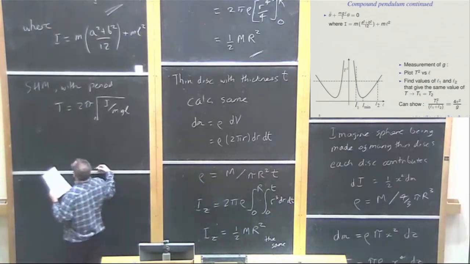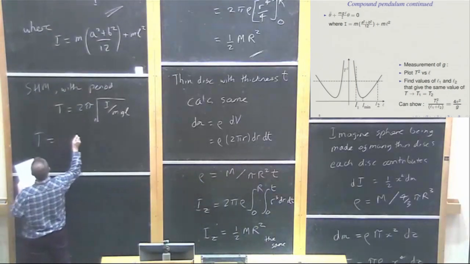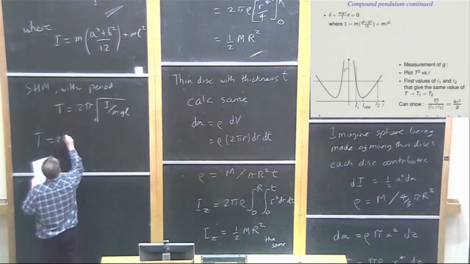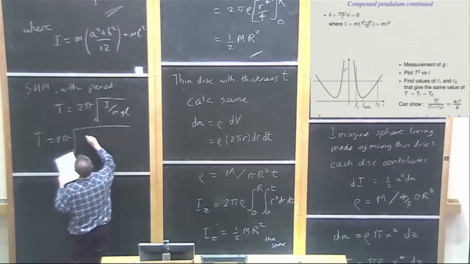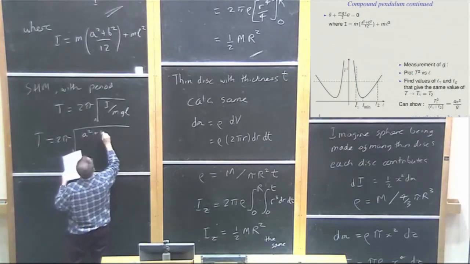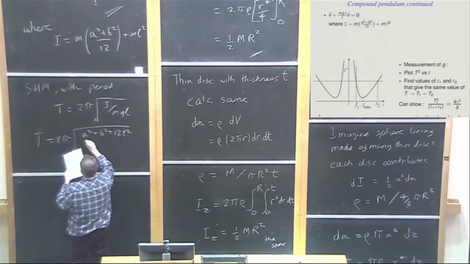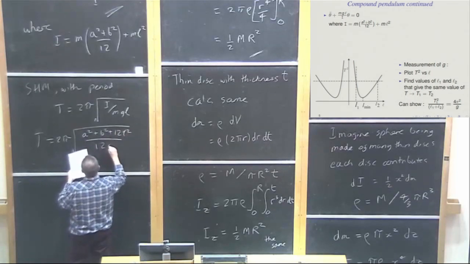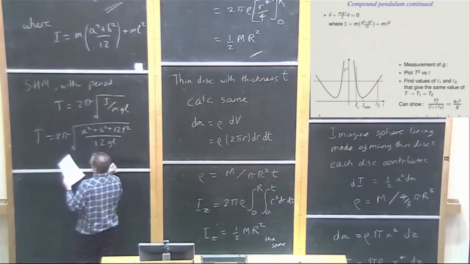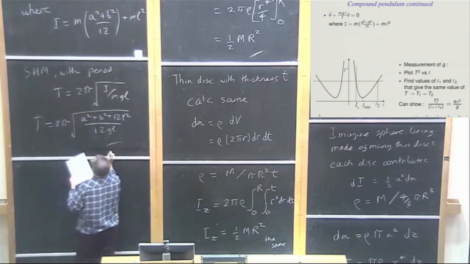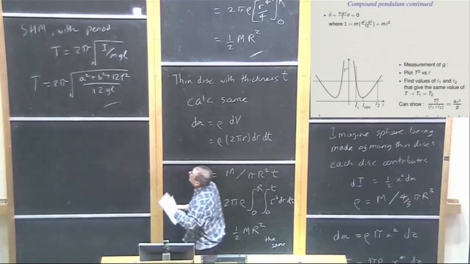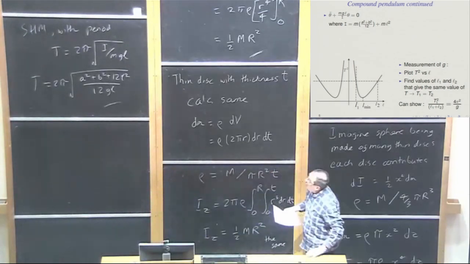And so if we put in the expression we have for I, we have 2 pi times the root of a squared plus b squared plus 12 l squared over 12 g l. Okay, so that is the period of this compound pendulum.